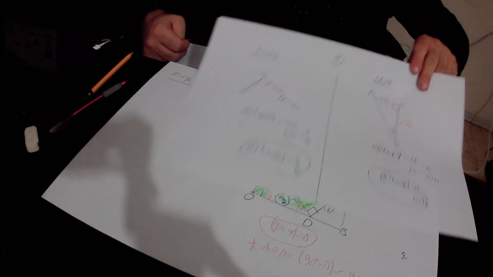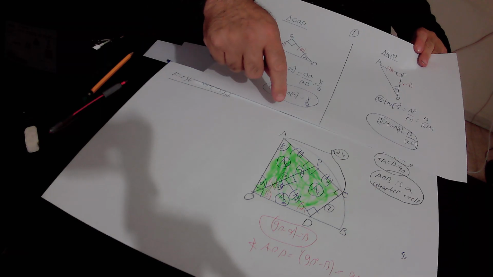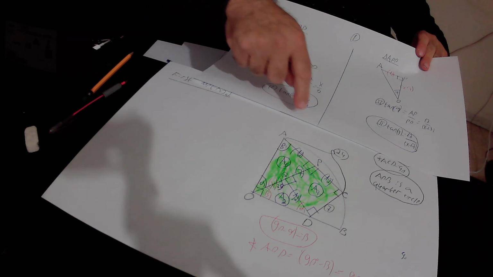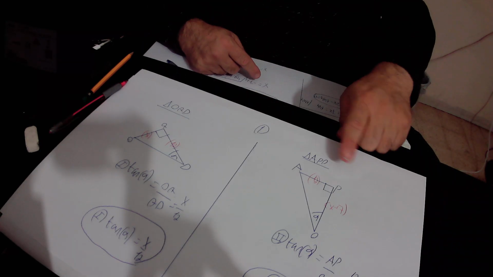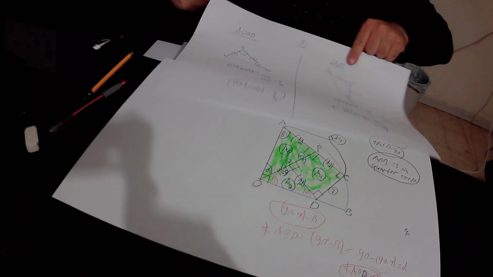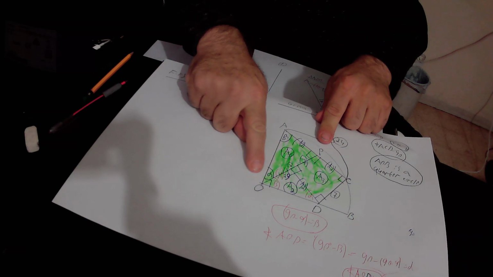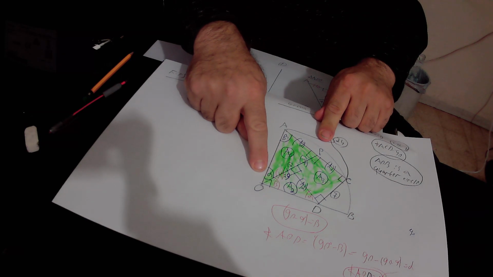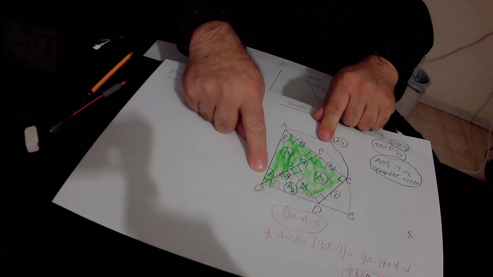Then we focused on the right triangle APO. I copy the right triangle here. This is the right triangle APO that I copied from the original drawing. AP equals 12. What is the length of PO? PO equals PQ plus QO. That is to say, PO equals PQ, that is 7, plus QO, that is x. So in total, PO equals x plus 7.